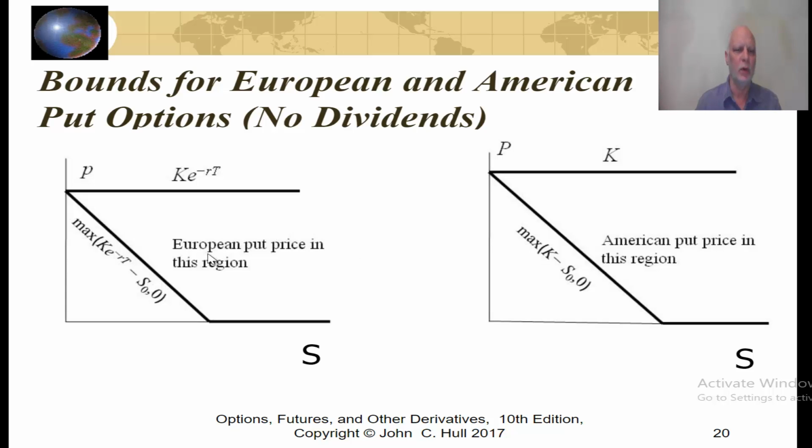The European put, on the other hand, you have to wait till the day of expiration, so the minimum is going to be the maximum of the present value, again, of K e to the minus RT, comma 0. So this is going to be the region of valuation for the European put. This is the American put. The American put is going to have a higher minimum, since if you get deep in the money, there is an incentive to exercise early.